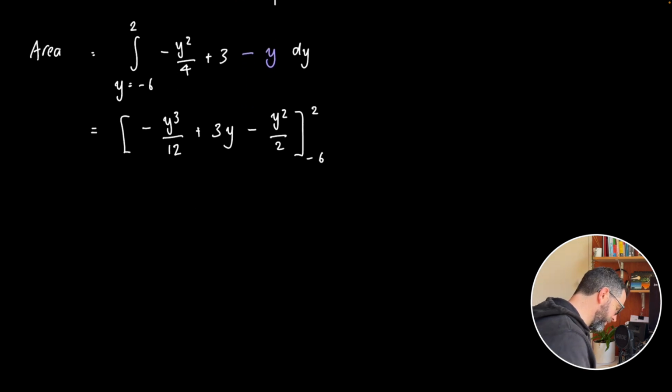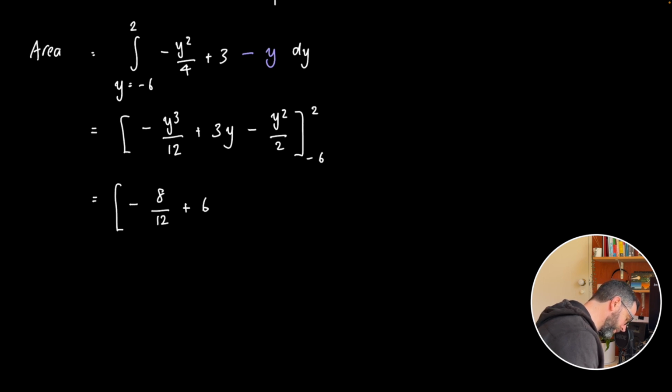All right, now very easy to make a mistake here, so let's just put in the 2's first. So we'll go for -2 cubed is 8, 8 over 12 plus 3 2's is 6, minus 2 squared is 4 divided by 2, which is -2. That's the two values. And now we'll do the -6 ones, maybe do a different color just to keep track.